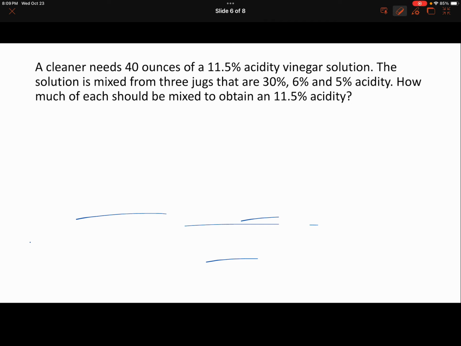We're going to set up this equation but not solve it. So a cleaner needs 40 ounces of the 11.5% acidity. We have 3 different kinds of vinegar. One type is 30% acidic, a second is 6% acidic, and 5% for the third. So x plus y plus z have to add up to 40 ounces.